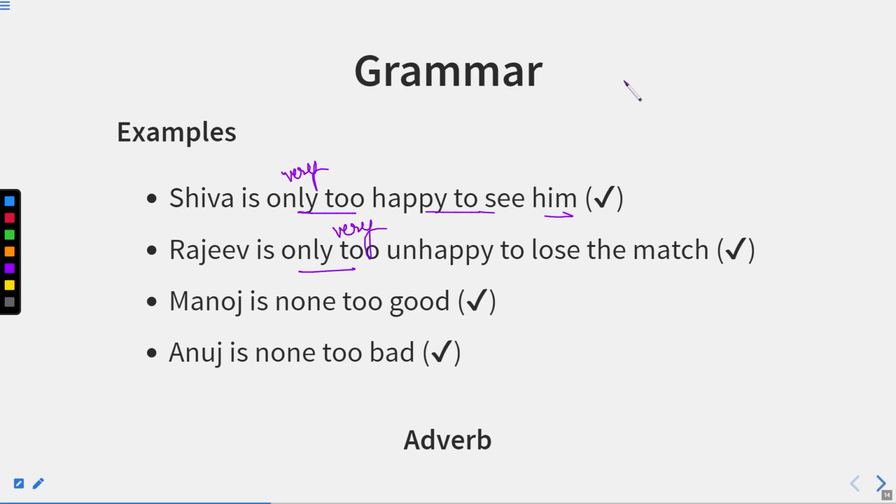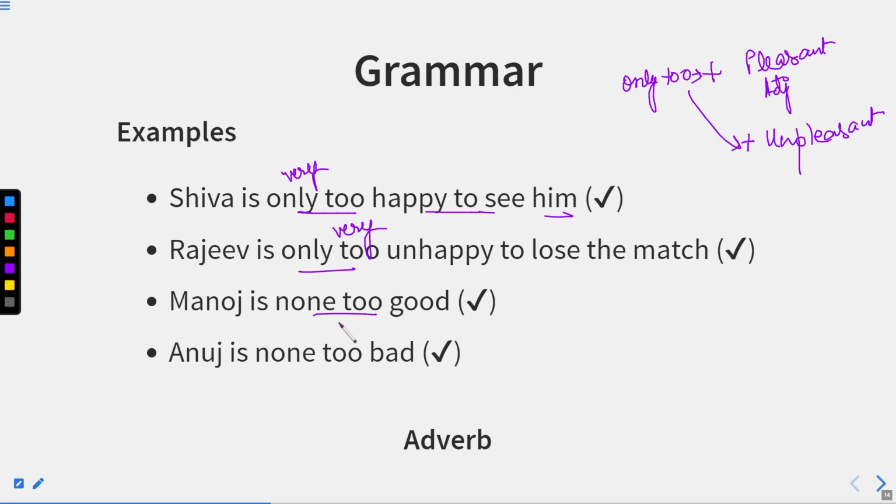Now, there is one more thing about only too. Only too can be followed by a pleasant adjective as well as an unpleasant adjective. So it can be followed by both unpleasant and pleasant adjectives. So if I say Rajiv is only too unhappy to lose the match, it means Rajiv is very unhappy to lose the match.